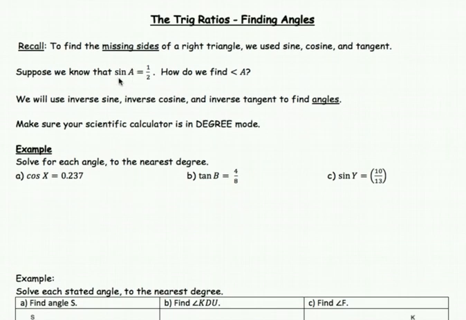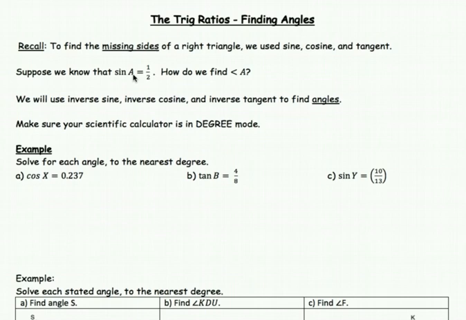So right here, if you take a look, sine A equals 1 over 2. We need to figure out what this A value is going to be. So again, we are still going to be using sine, cosine, and tangent in a way, but it's just like when we're solving equations, like the opposite of adding, subtracting.